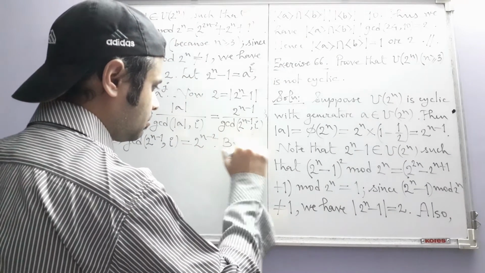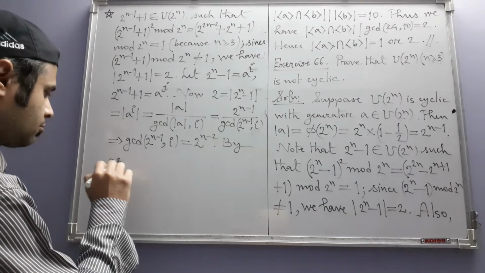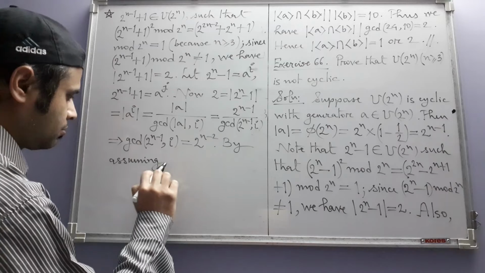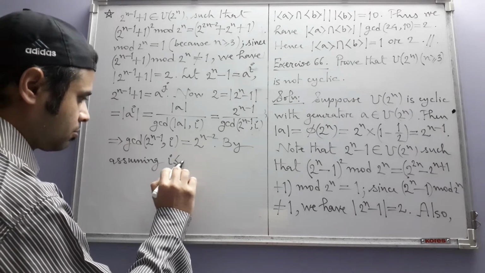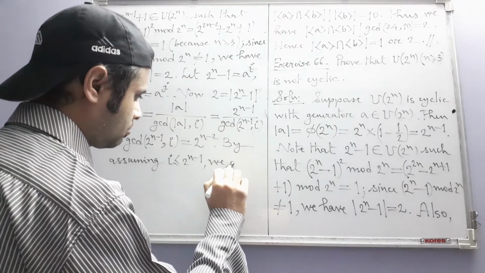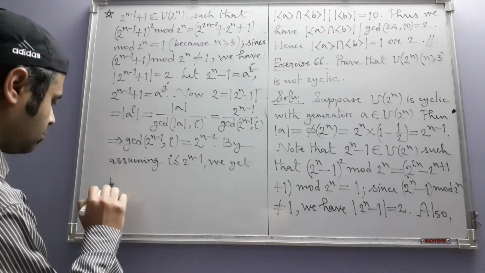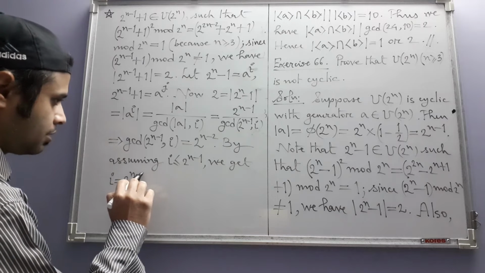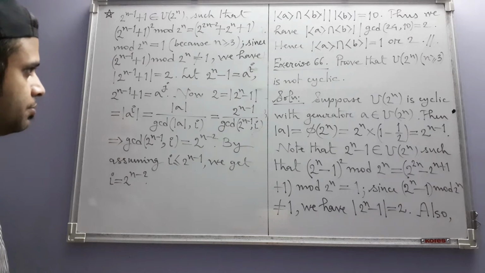So we get i equal to 2 to the power n minus 2.